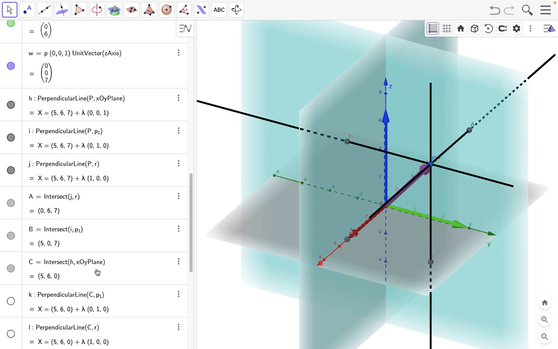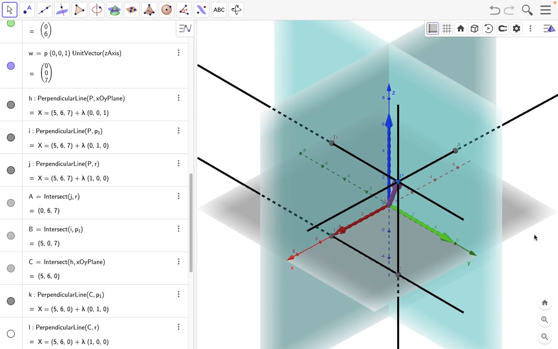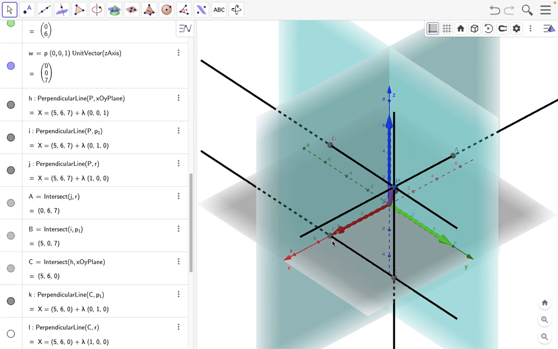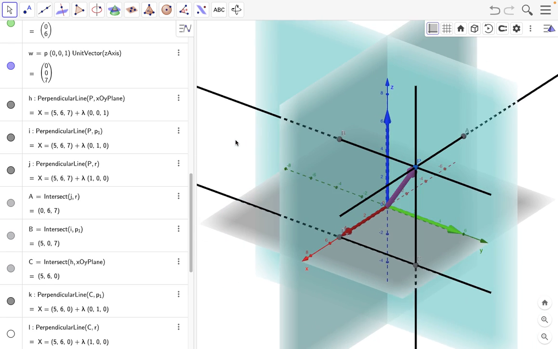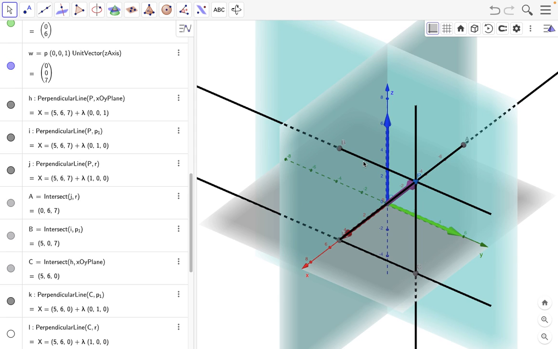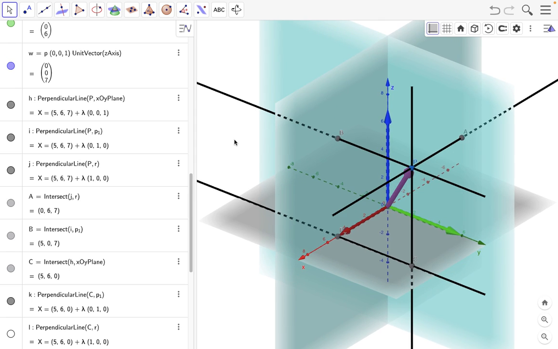Next let us see. Now we have connected this point and this point. Therefore, from the tip of the vector, if I drop a perpendicular from this point on this plane, and then drop a perpendicular from this point on this plane, it intersects here, and this is the component.